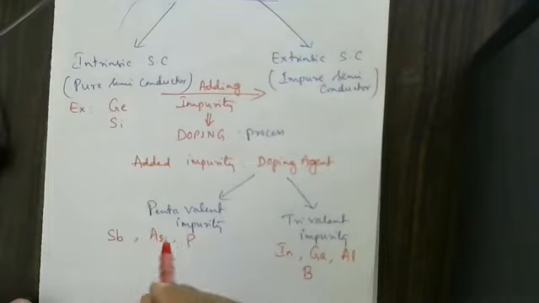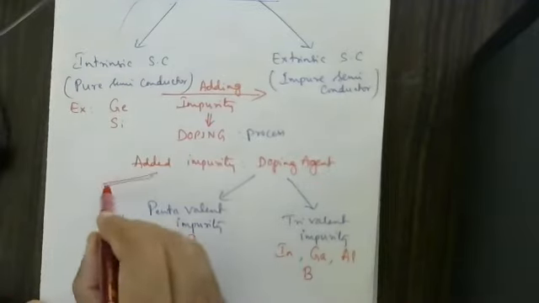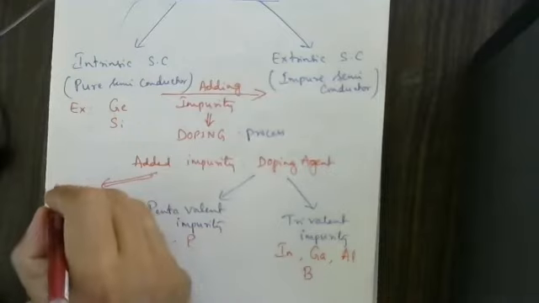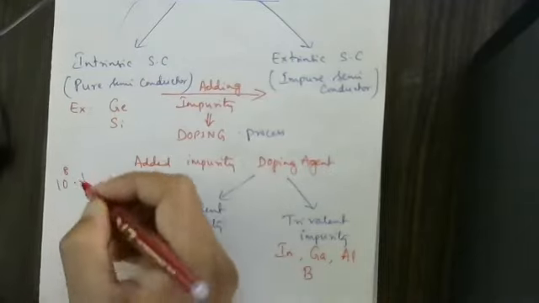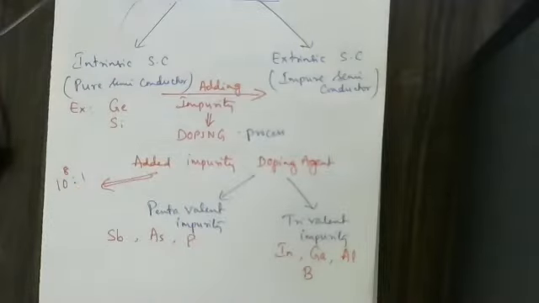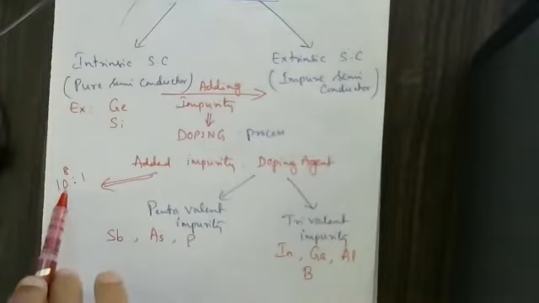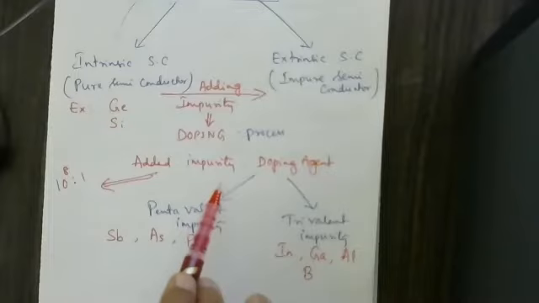So whatever impurity we are adding is in the ratio of 10 to the power 8 is to 1. In that ratio we are supposed to add. You cannot add it arbitrarily. With a basic proportion, we are supposed to add the impurity.